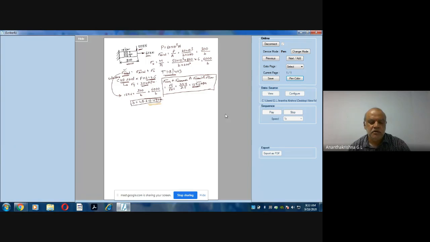Select an appropriate material and assume a suitable value for FOS.